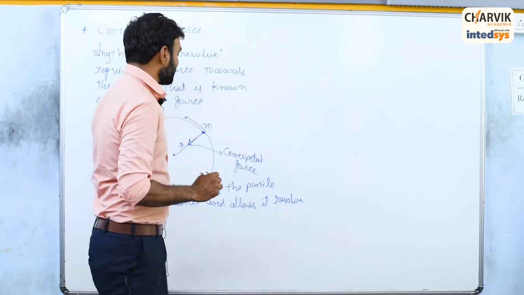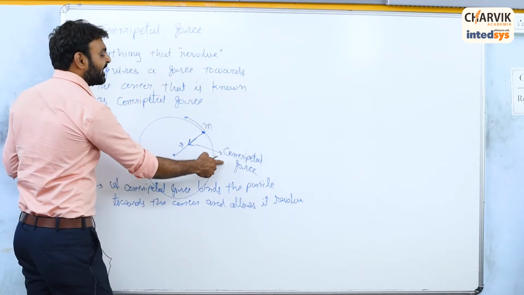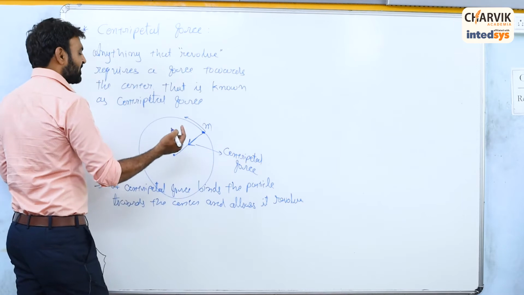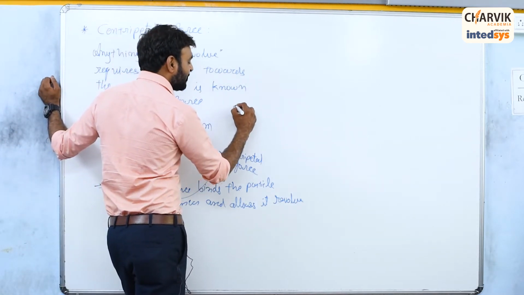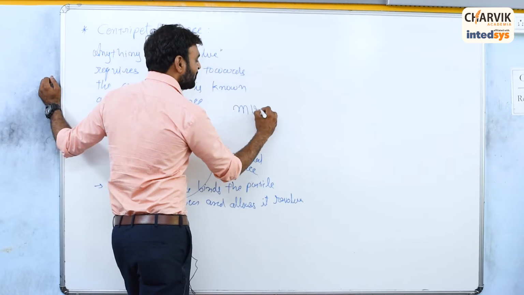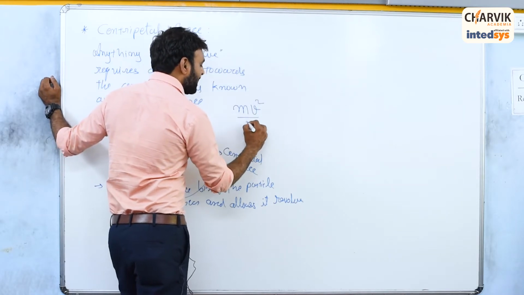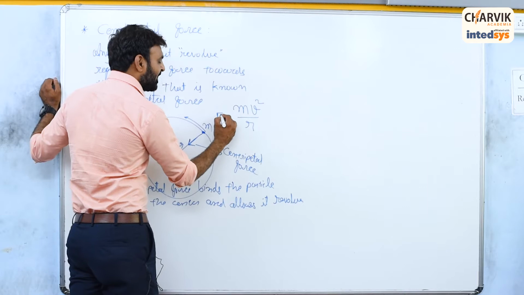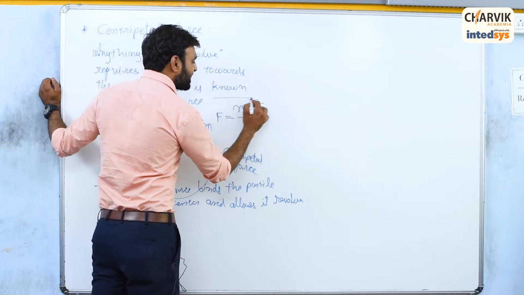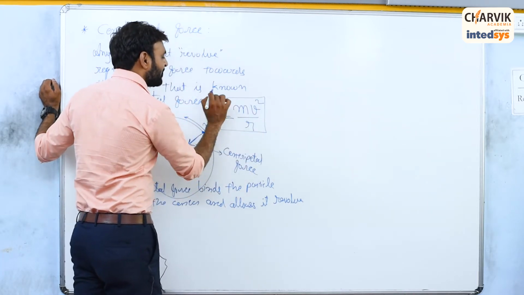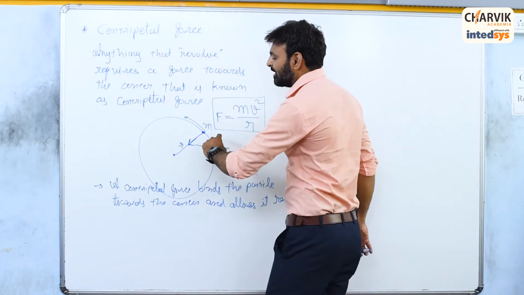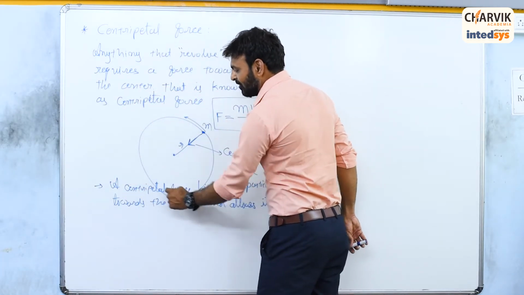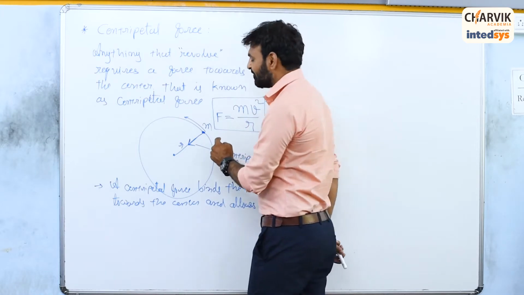Now the most important factor: how do we calculate that centripetal force? There is a single formula to calculate the centripetal force, and that formula is mv squared upon r. This formula gives us the magnitude or the value of the force acting on you while you are revolving over the circumference of the circle.